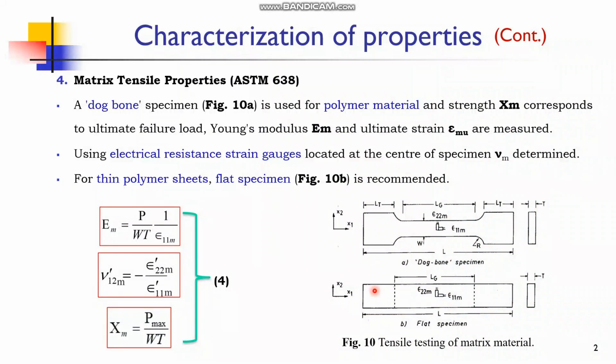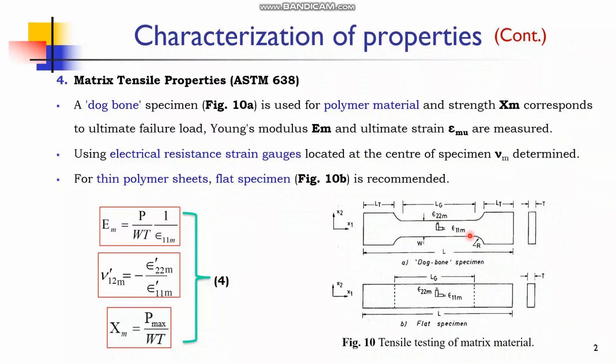For thin polymer sheet, a flat specimen is recommended. You can see the difference between a dog bone specimen and a flat specimen. In a dog bone specimen, there is a larger grip width that ensures the stress is reduced at the gripping.